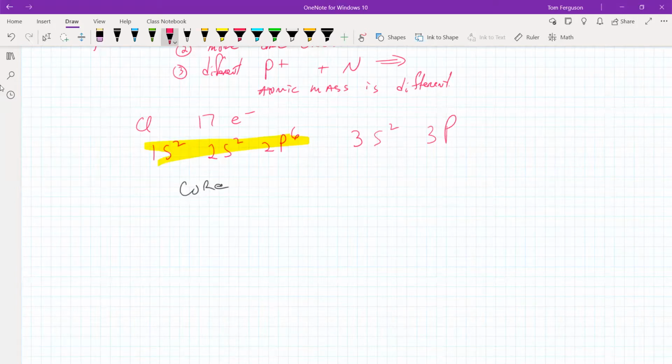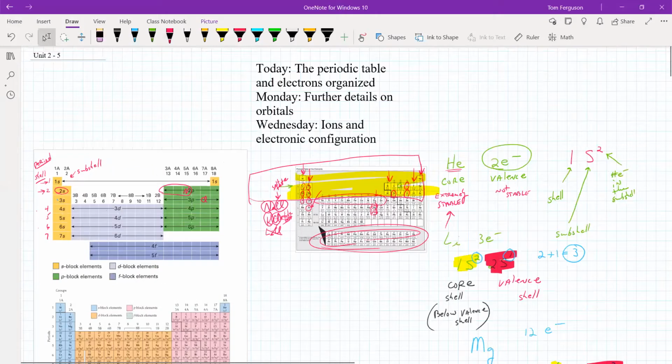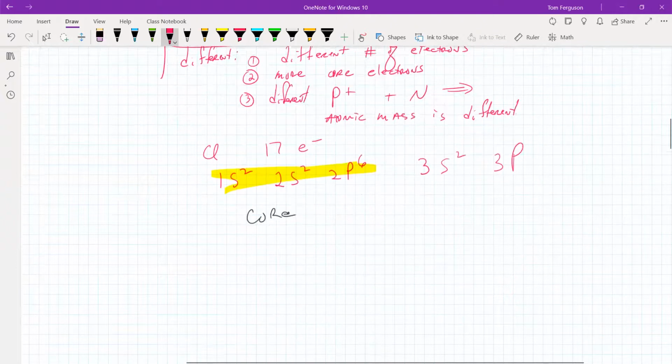Chlorine is located 5 spaces over. So that means we have 1, 2, 3, 4, 5 p electrons. Okay, so do we have our 17 electrons? Well, let's look. We have 2, 4, 6 is 10, 12, and 5 is 17. So we've accounted for all the electrons.